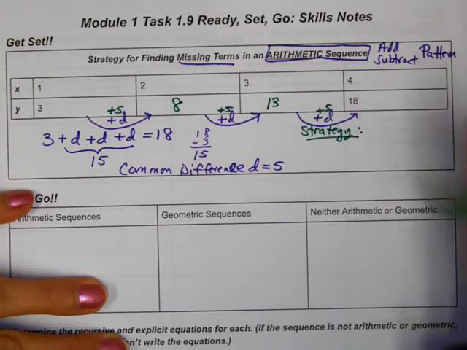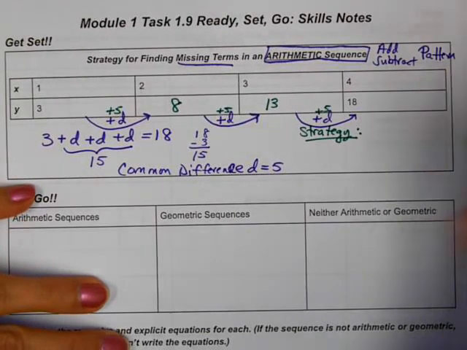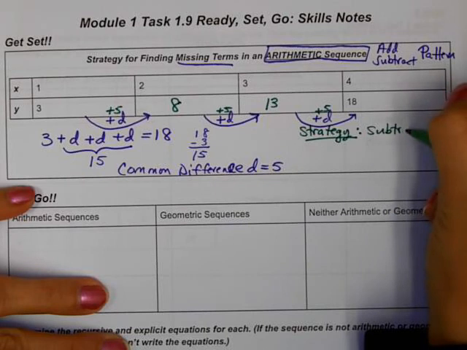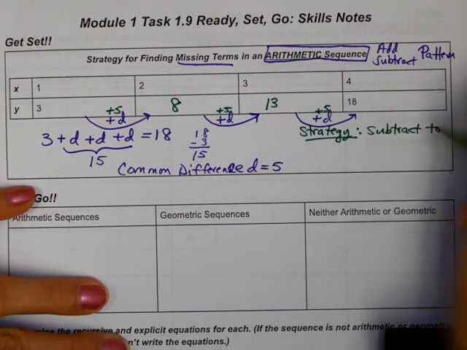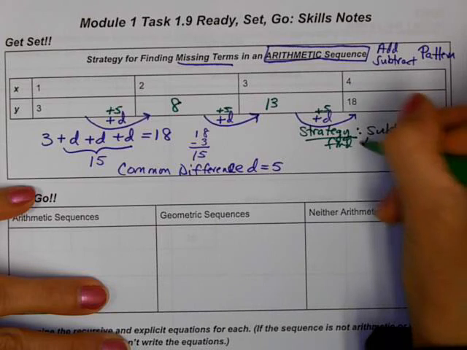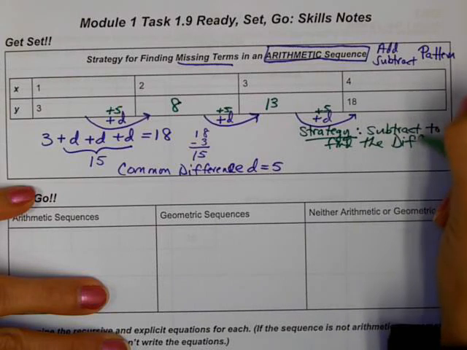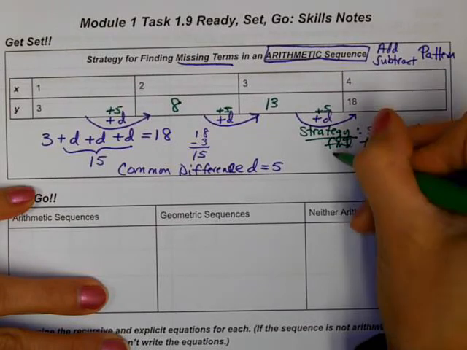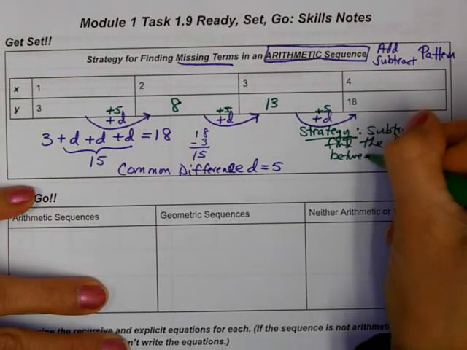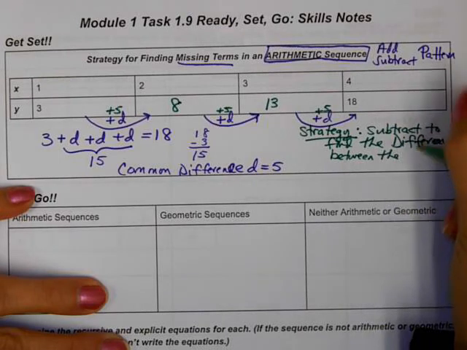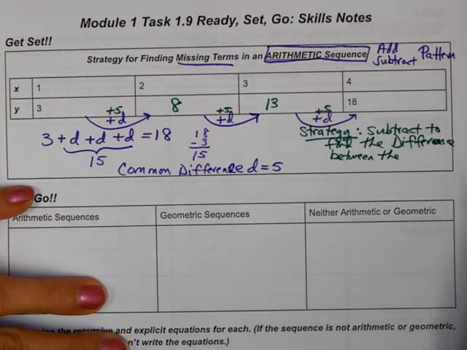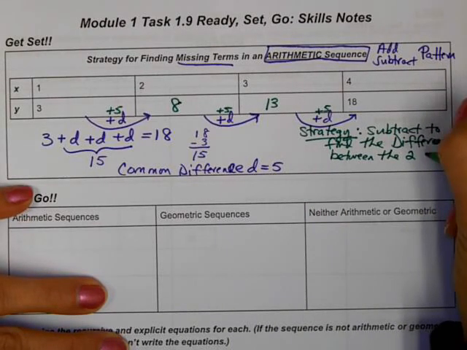was, my reasoning, my justification was, I subtracted the final term and my initial term, to find the difference between the two terms.